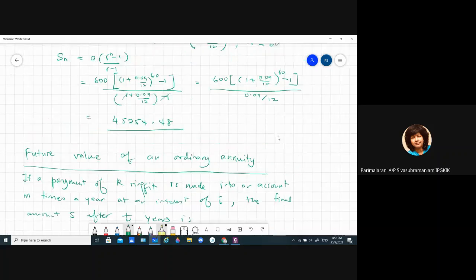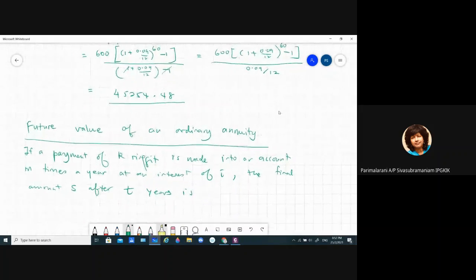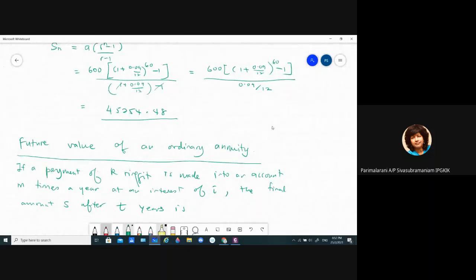So our first, the 600 here is our monthly payment. So this is the R. So now this will be 1 plus 0.09 over 12, which is our K over M, or our interest.